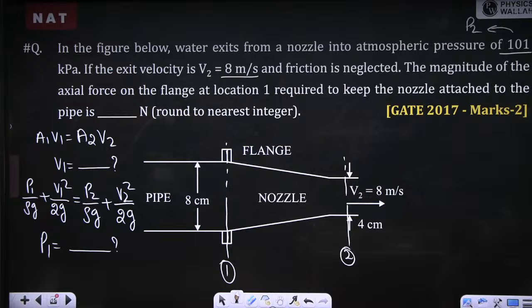What is the answer that you got? P2 value is 422. What is the P2 value that you got?